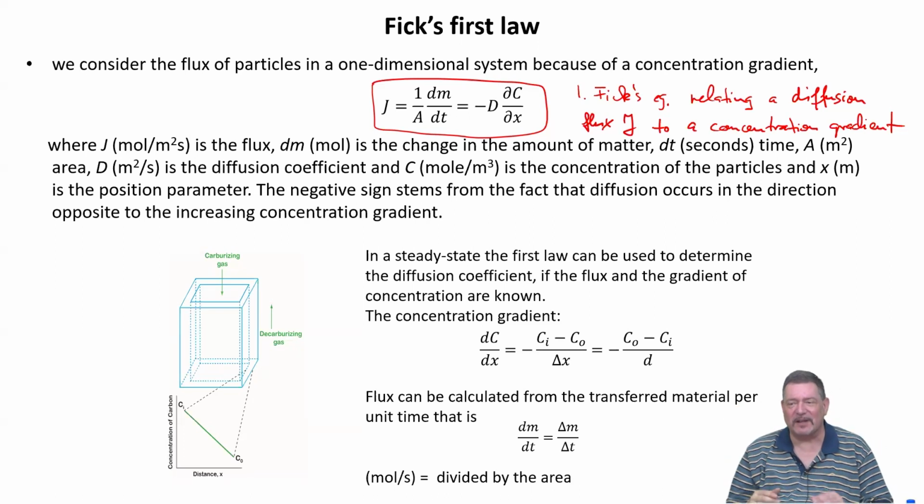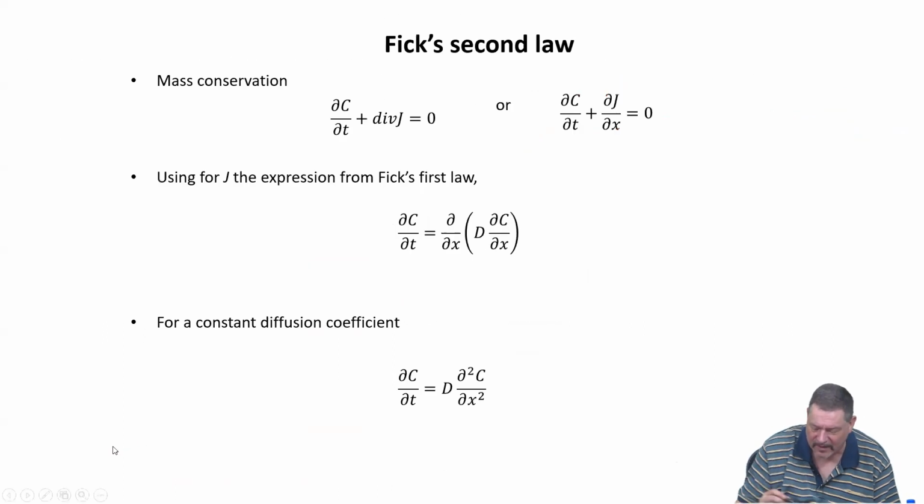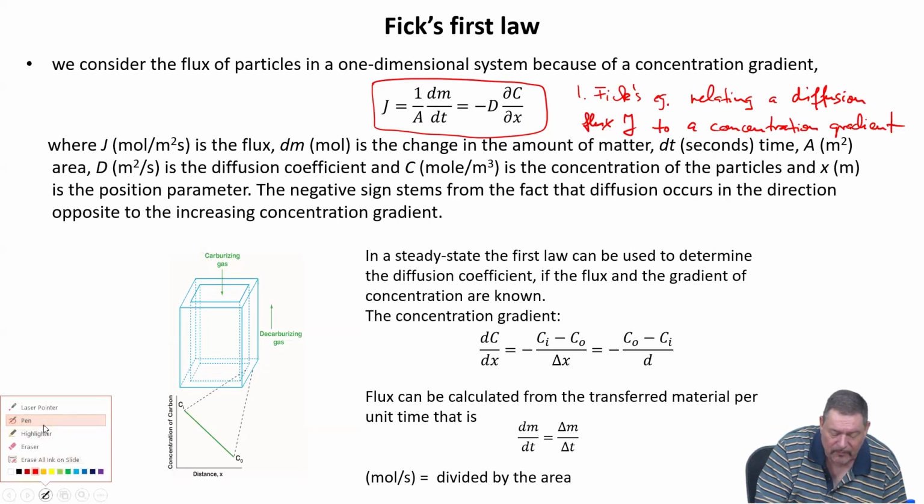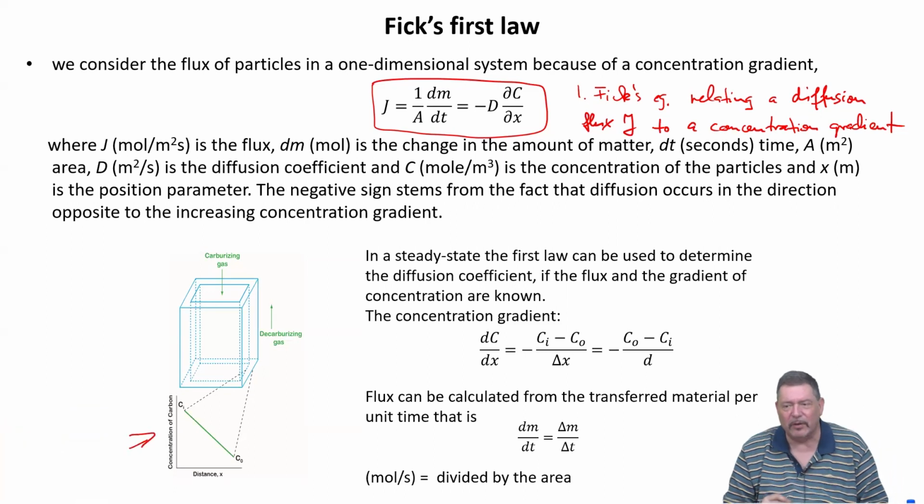So flux always means I put in a mental plane and I calculate how many atoms net pass through that plane in one direction. And if we now look into this concentration gradient over here, let's say I have now here a concentration gradient, right? So like in this experiment where I would have carburizing gas and decarburizing gas interacting with, let's say, a steel or iron.